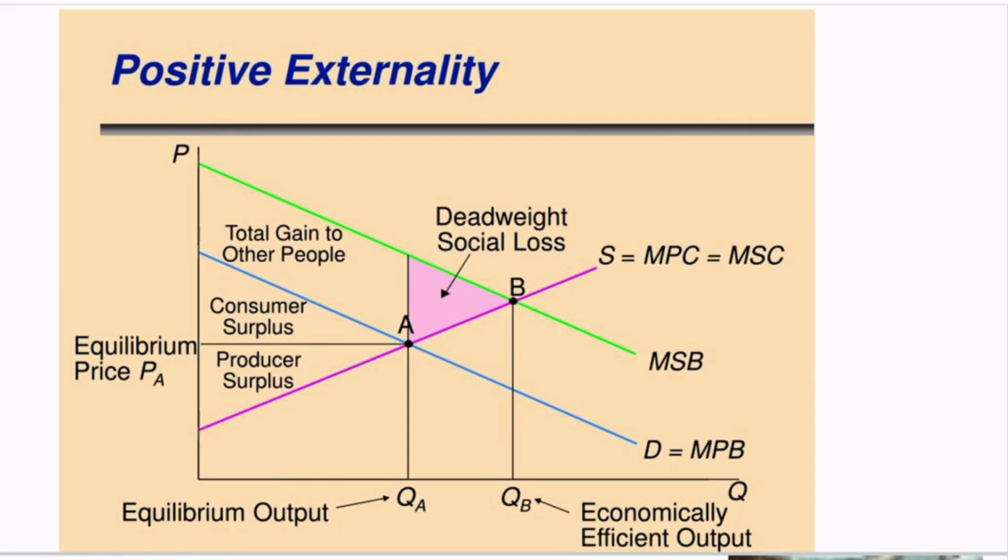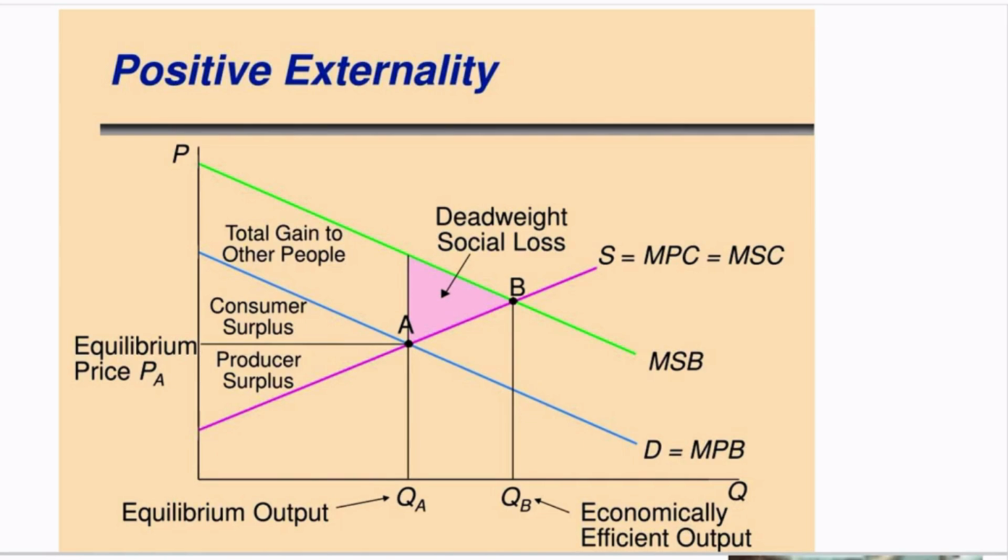So if you consider the demand purely from the private benefit perspective, so the demand, if it is reflected by only the marginal private benefit, then that gives you the blue line here. So the blue line is the demand line, but it considers only the marginal private benefit, the benefit only to the consumers, and it does not quantify the positive benefit to the society, right?